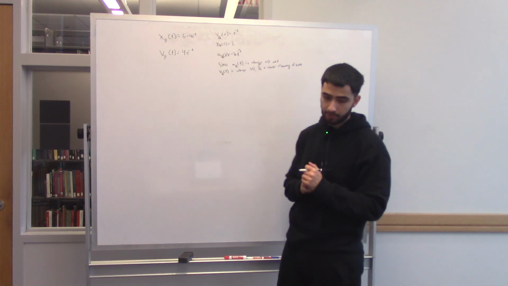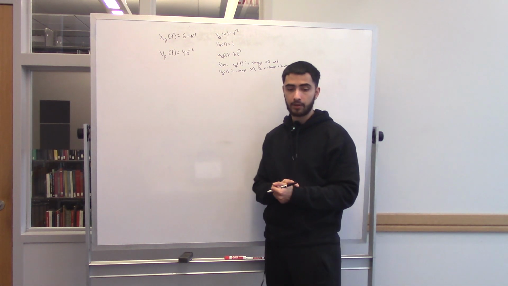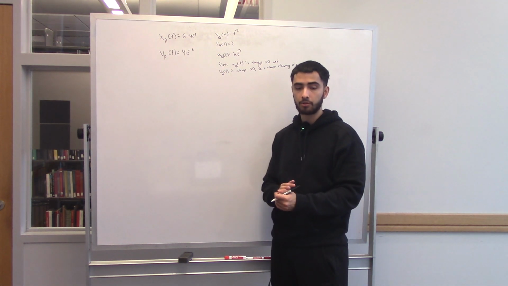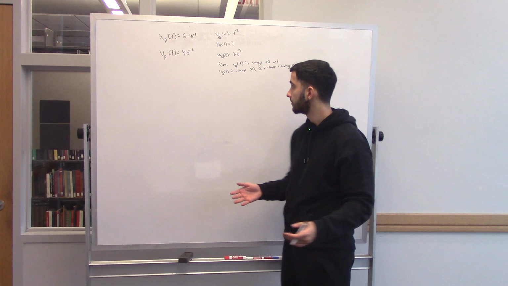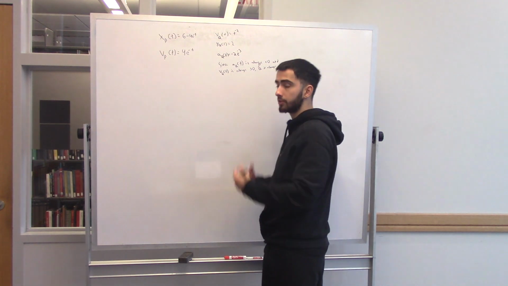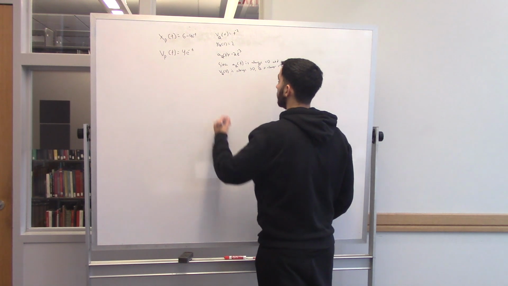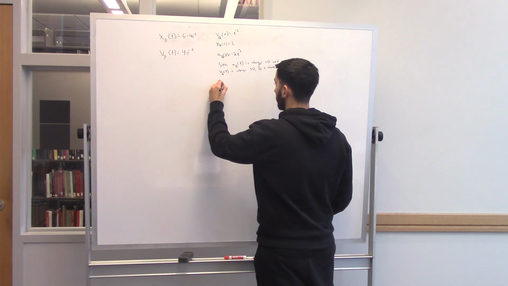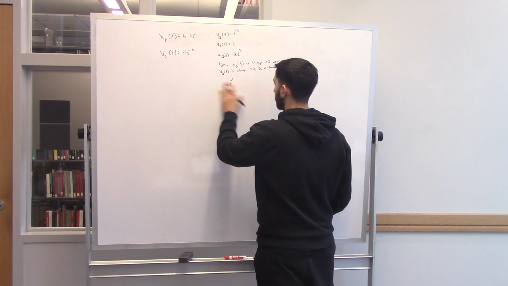Alright, now for part C, we are asked to find a general function for the position of particle Q. Okay? So to go from velocity to position, we have to integrate. So we're going to have negative 1 times t to the negative 1, right?